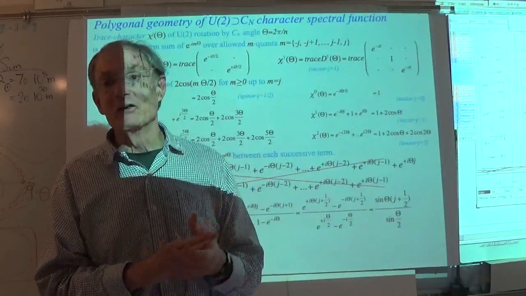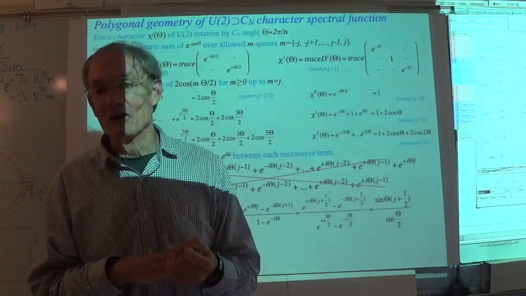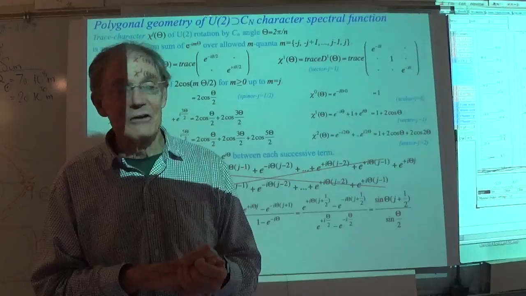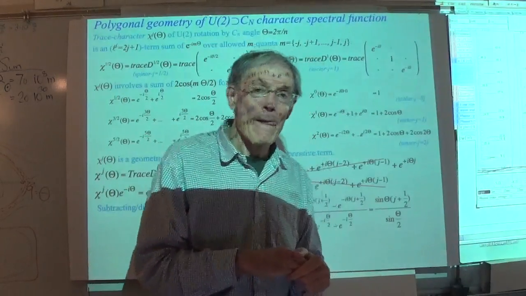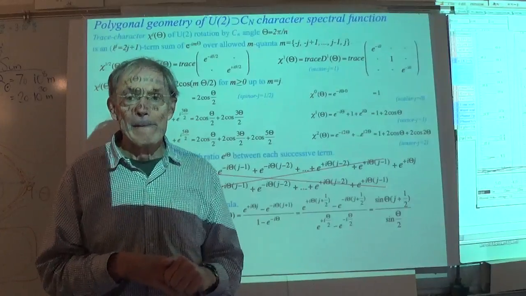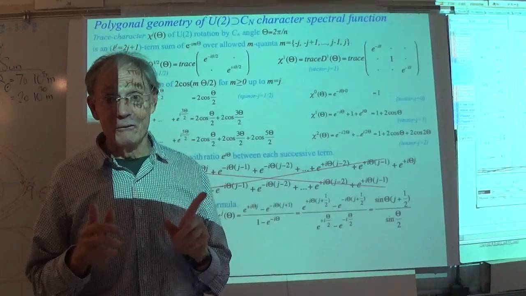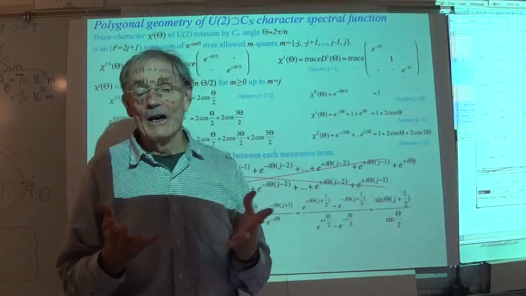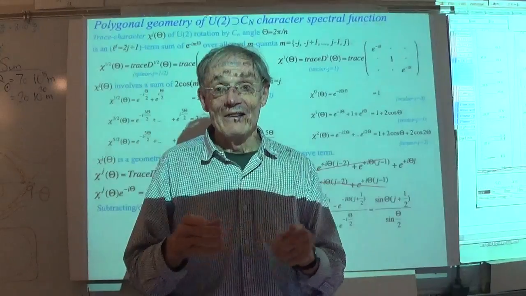U2 is the simplest Lie group. R3 shortly thereafter is, I would say, the next simplest. And then it's a question of what finite subgroups live within, just as in the real line are all these fractions, right?